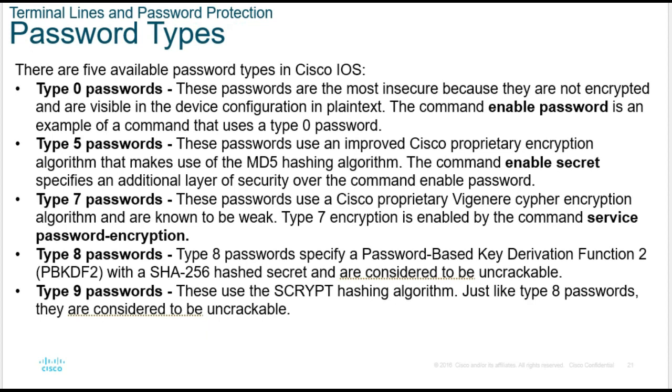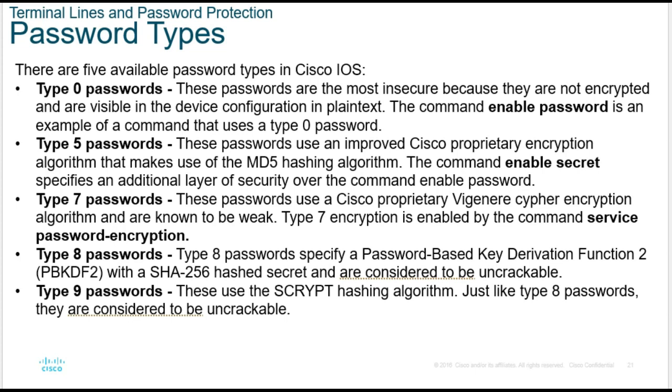So if we are using password, so Cisco does specify 5 different password types. So basically it is based on a level of security lah. Okay, so type 0 passwords are the most insecure because they are not encrypted, and it will be visible in plain text kalau kita view the device configuration.